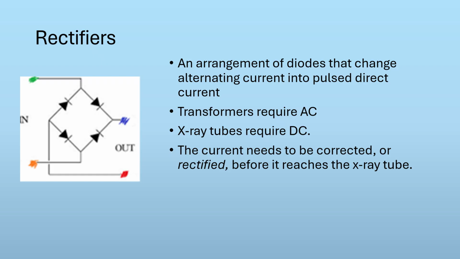So the green and the orange are the inputs from the secondary side of our high voltage transformer. A handy exercise is to start with AC and trace either electrons coming in from green or coming in from orange, and figure out, according to the diodes and the way current runs through them, where the electrons are going to end up.